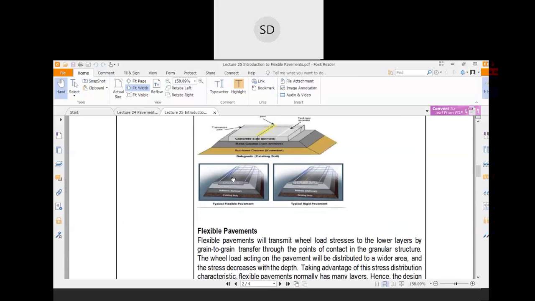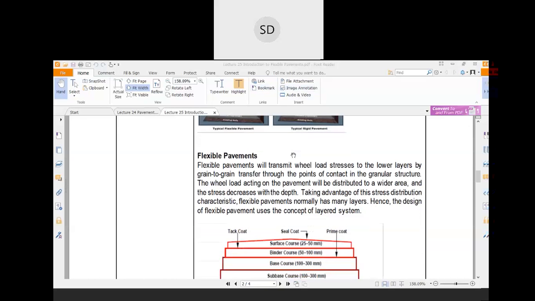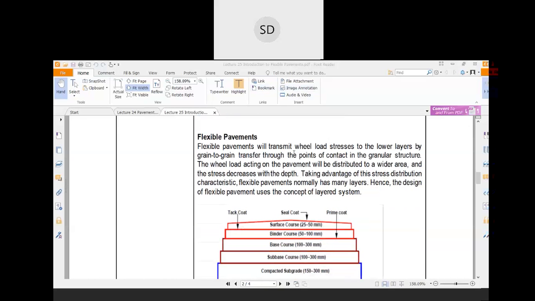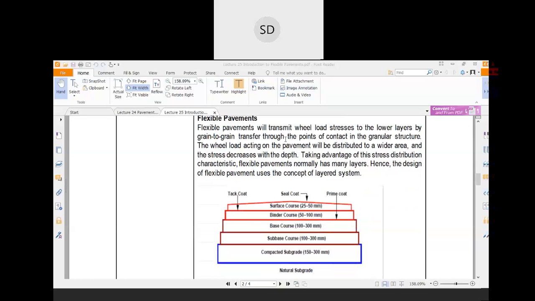Now, types of pavements. There are different types of pavements: flexible pavements, and another type that is called rigid pavement. The flexible pavements transmit wheel load stress to the lower layers by grain to grain transfer through the points of contact in the granular structure.